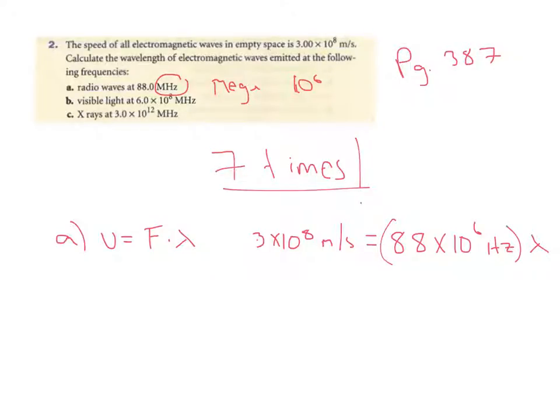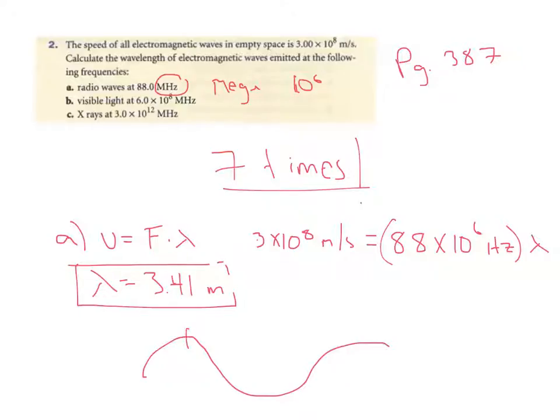So I solve for lambda, and I get an answer of 3 point, whoops, and yes, that is the actual wavelength of a radio wave, which is maybe the height from the floor to the ceiling. So these are very, very big waves.